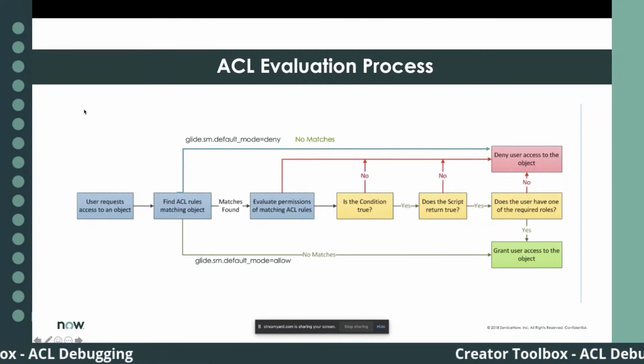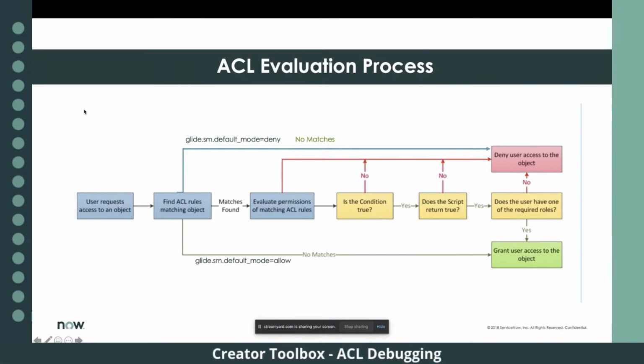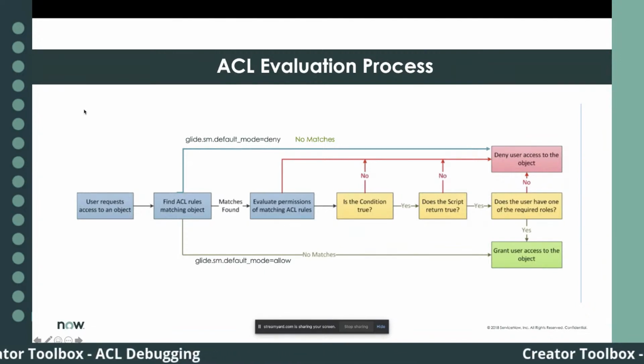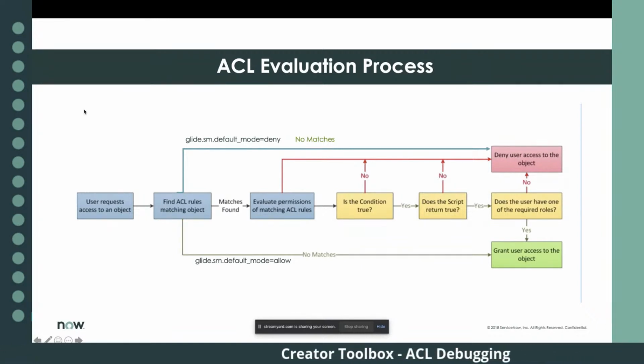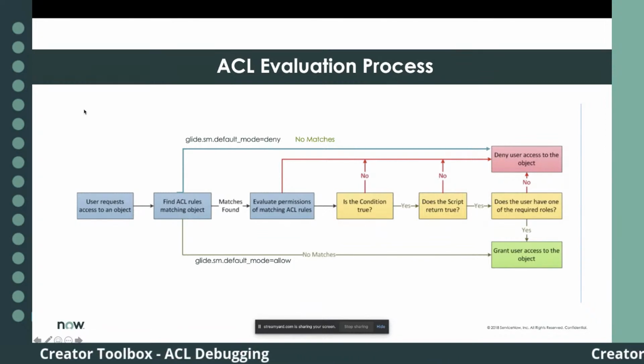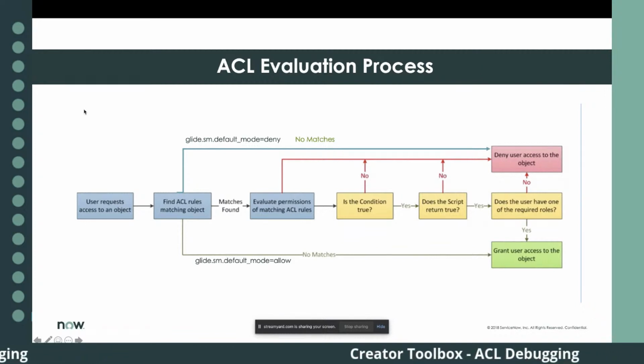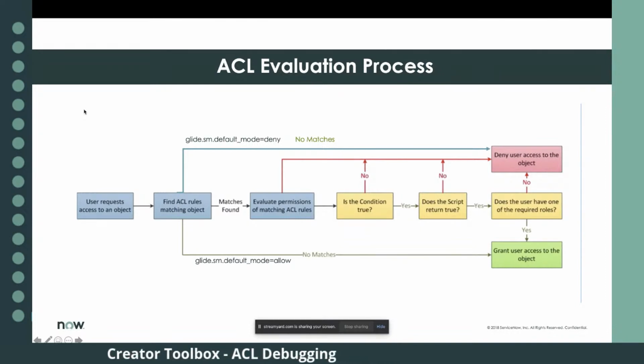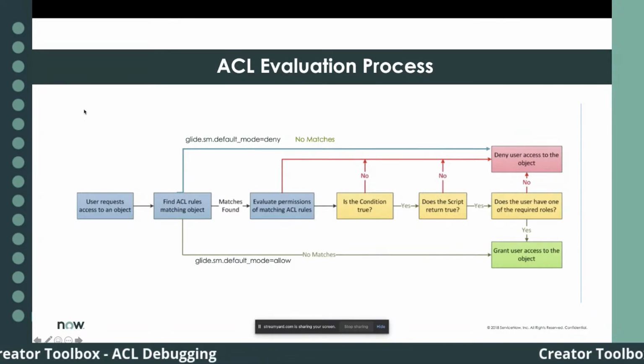If the condition defined in the ACL matches the record being accessed, it will check if the script in that ACL returns true. If that script also returns true, it will check if the user has the required roles associated with the ACL. If any of these fails, the user will not be allowed to access the resource. If all these conditions are met, the user gets access granted.